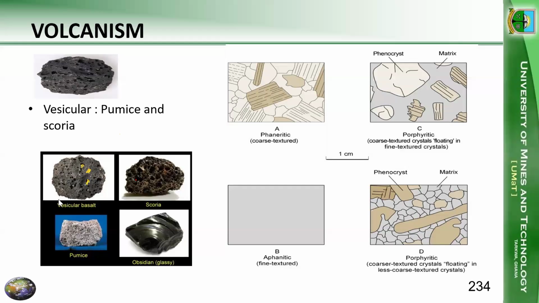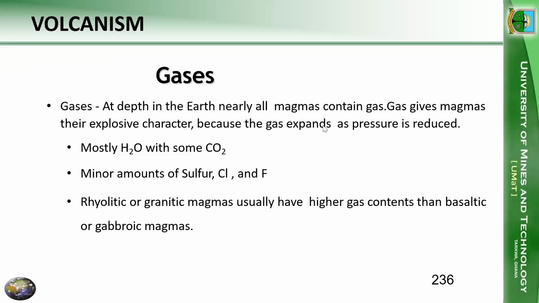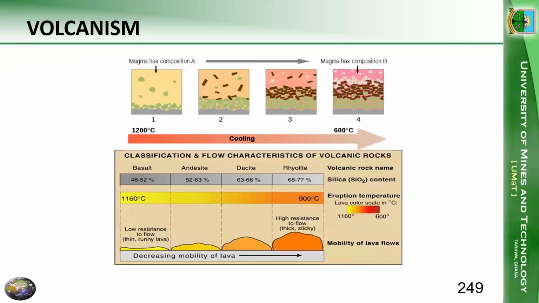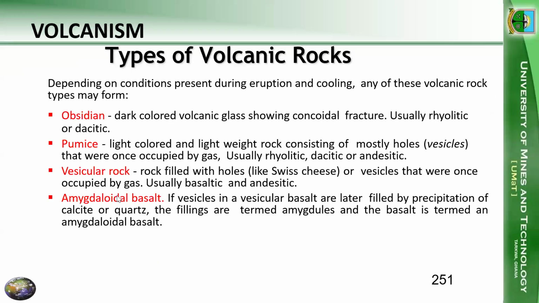Amygdaloidal means the holes that were existing have now been filled. So we have obsidian, which we already know, pumice, vesicular rocks, rocks with holes, and the amygdaloidal basalt.